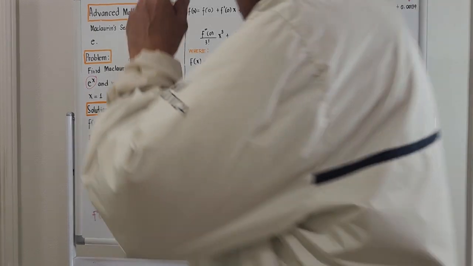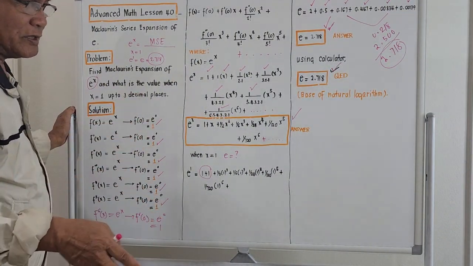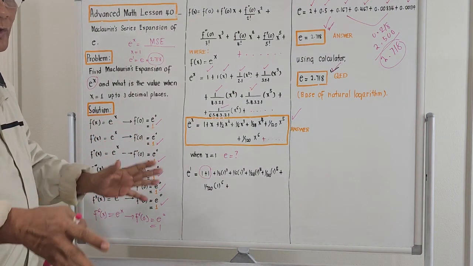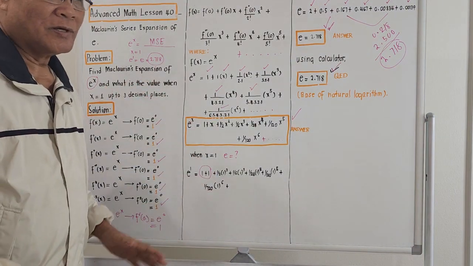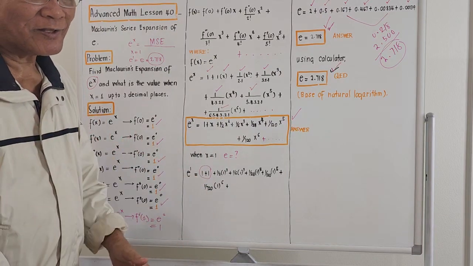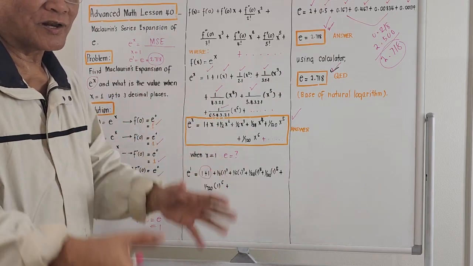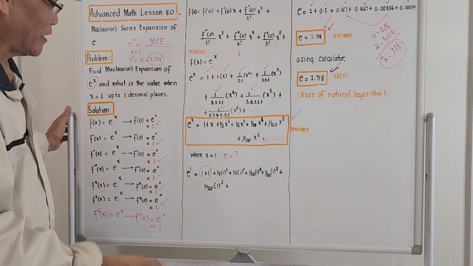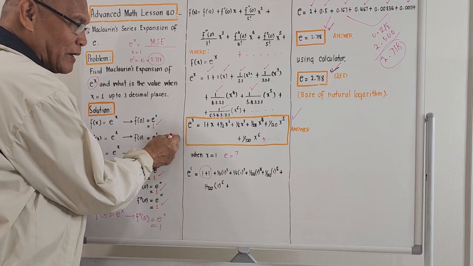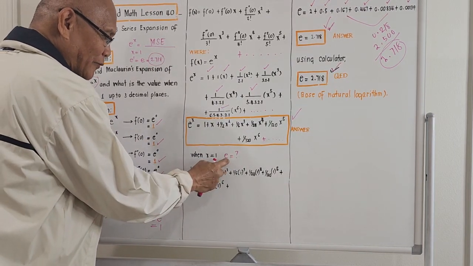Okay, that's it, guys. That is actually the procedure on how the value of E was computed. So the value of E 2.718, okay, it emanates from advanced mathematics by using Maclaurin's series of expansion. So by deriving this expansion here and substituting the value of x to be equal to 1, what will be the value of E?